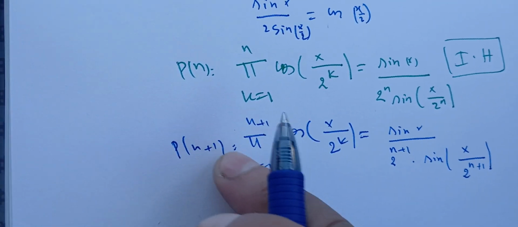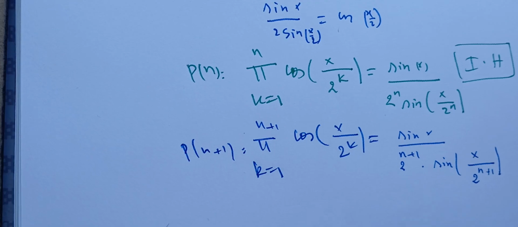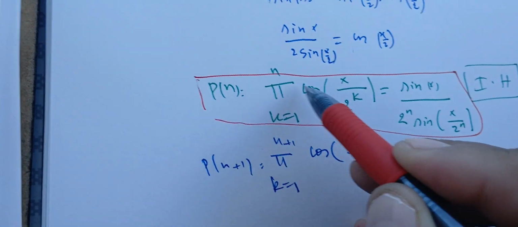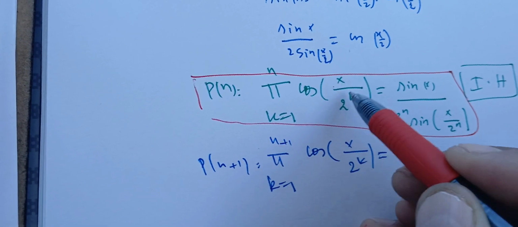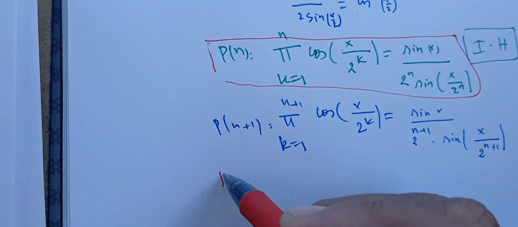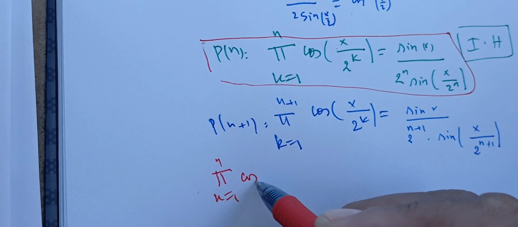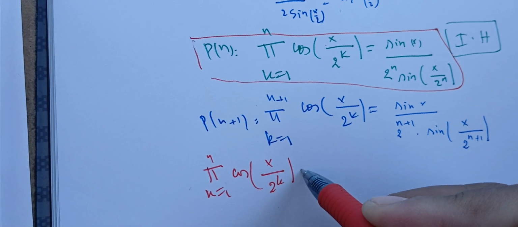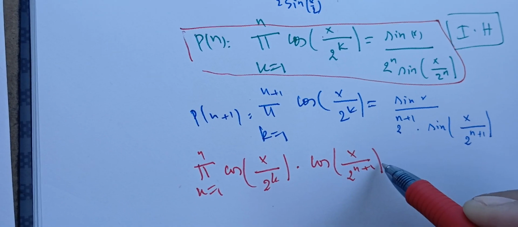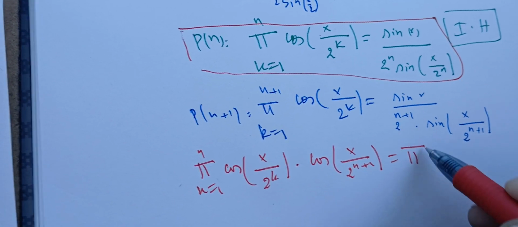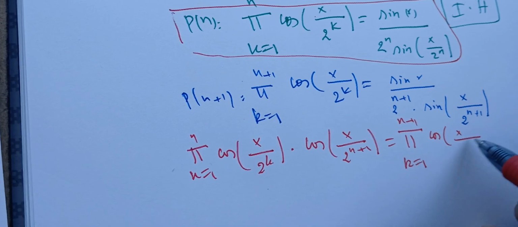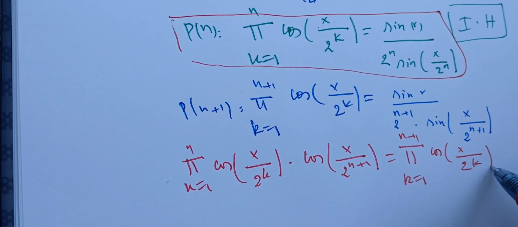So the left side, we can easily get that. How? We assume that this is true. If we multiply by the cosine of x over 2^(n+1), then k going from 1 to n, cosine of x over 2^k times the cosine of x over 2^(n+1), is another way of writing k going from 1 to n plus 1 of cosine of x over 2^k.